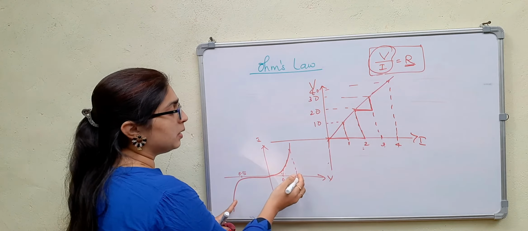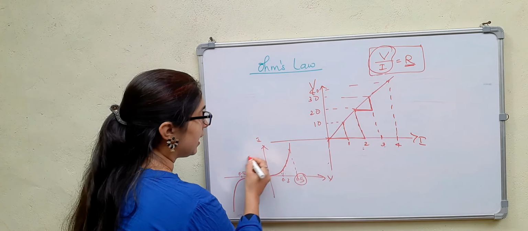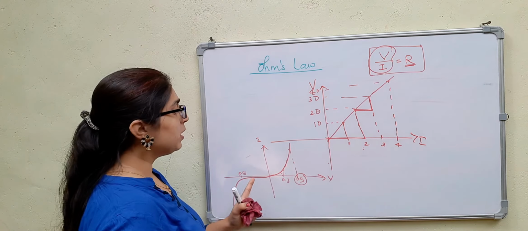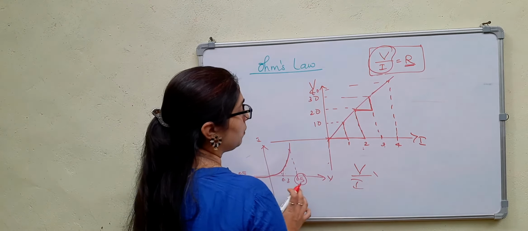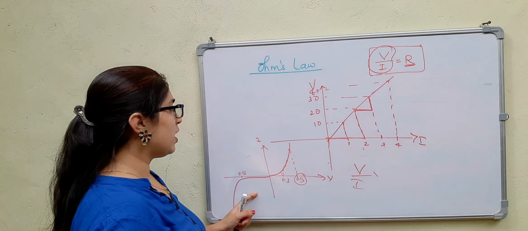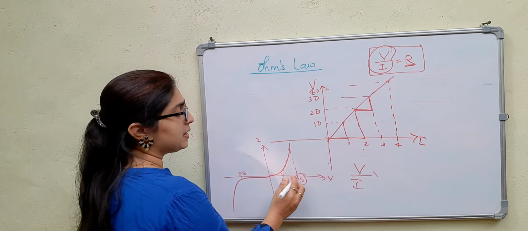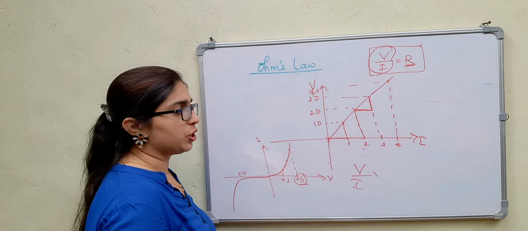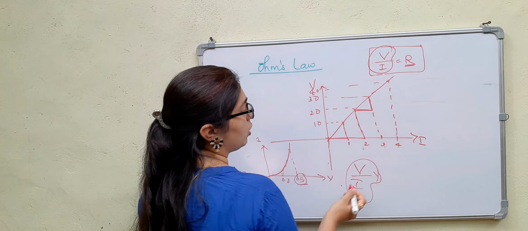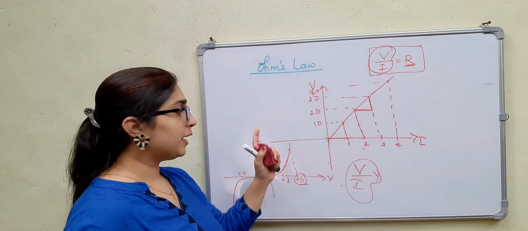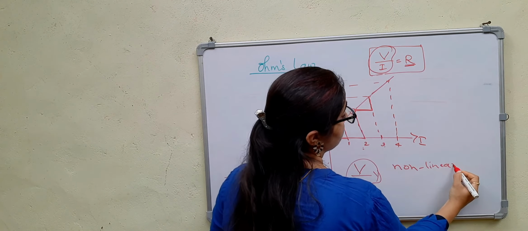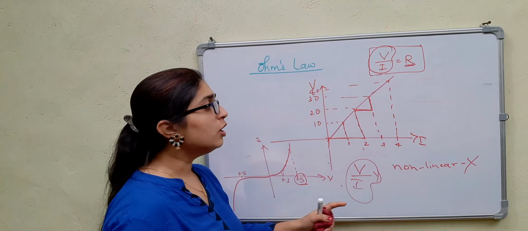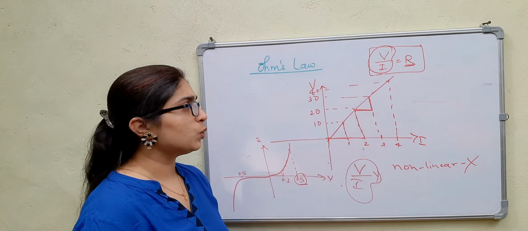That means when I reverse the direction of the voltage but keep the magnitude constant, if I calculate V by I, it will not be the same in both cases, because the value of current is not the same as it was in the opposite direction. So V by I will not remain constant. So it's not applicable for non-linear circuits, networks, elements. Only for the linear elements it holds good.